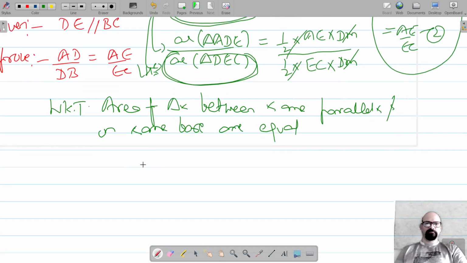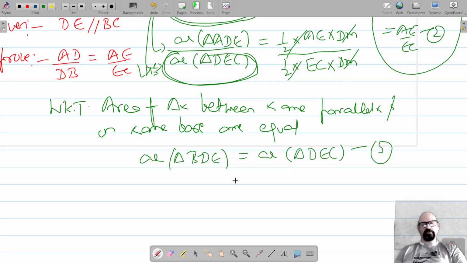So that means area of triangle BDE is equal to area of triangle DBC. Let this be third equation.